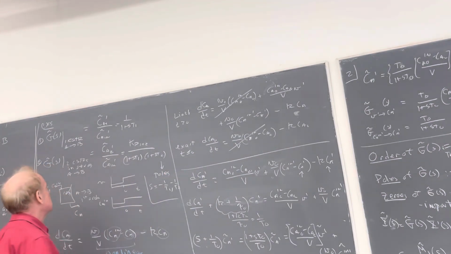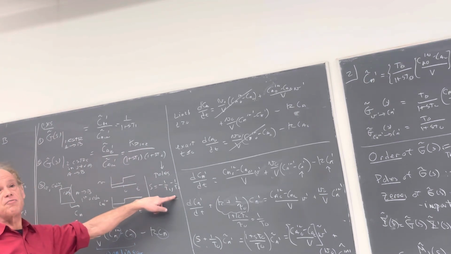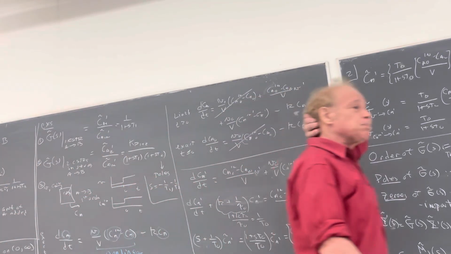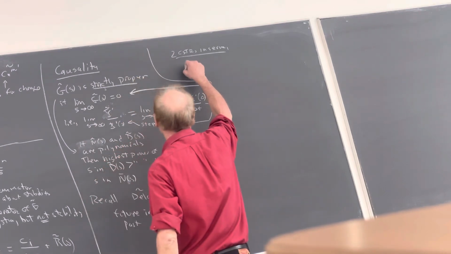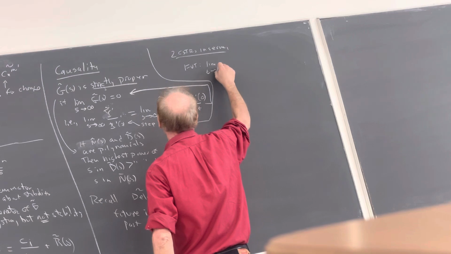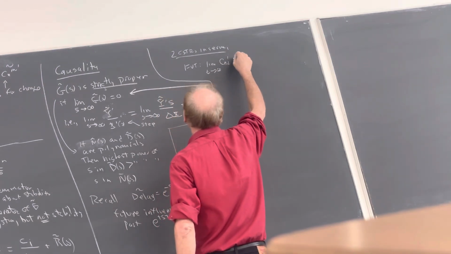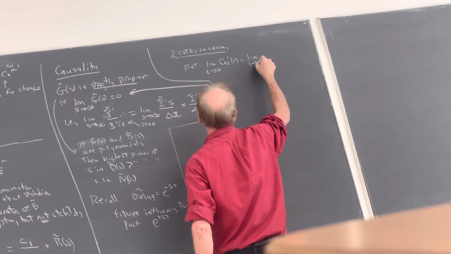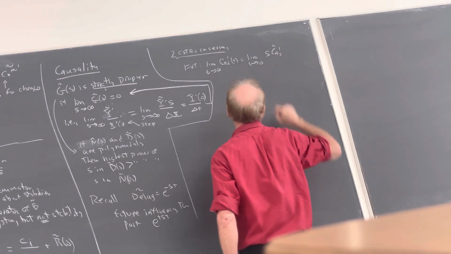So the poles of G tilde are giving me exactly the information for stability. Let's apply the final value theorem to this. The final value theorem says the limit as t goes to infinity of CA2 prime of t is equal to the limit as s goes to 0 of s CA2 prime tilde.